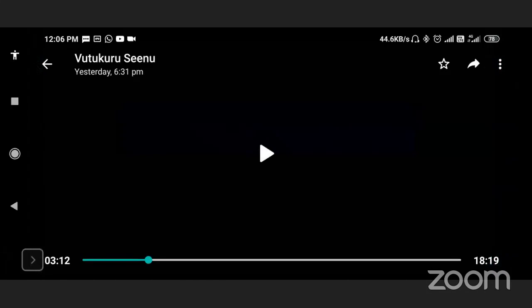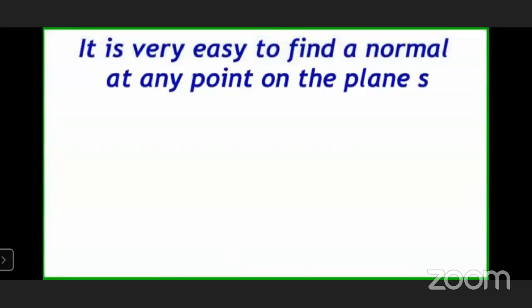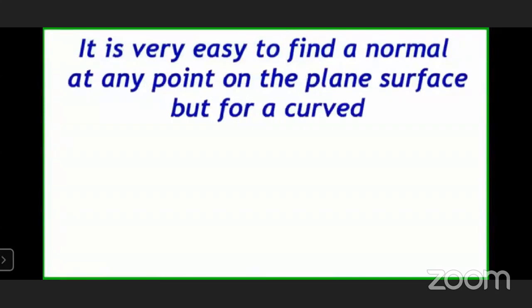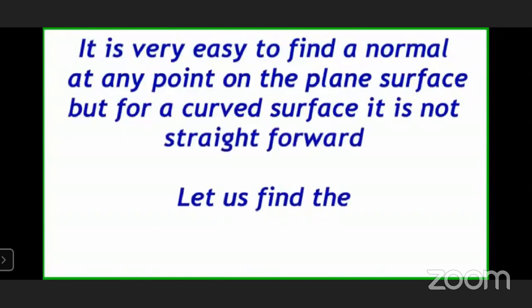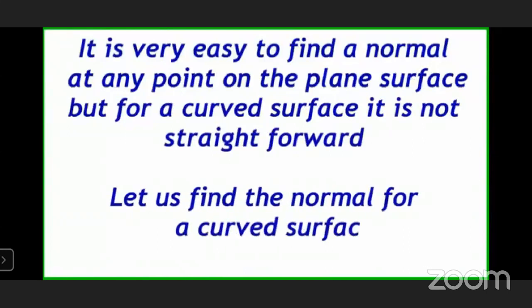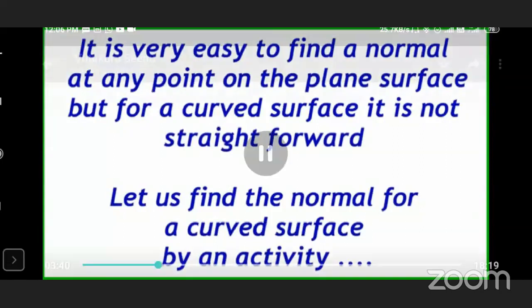You see in the table. It is very easy to find a normal at any point on a plane surface, but for a curved surface, it is not straightforward. It is not so easy to find the normal and the angle of incidence. Let us find the normal for a curved surface by an activity. You have this activity in your textbook also.